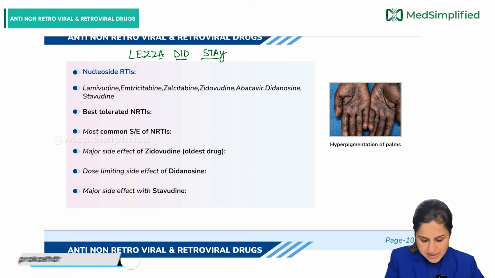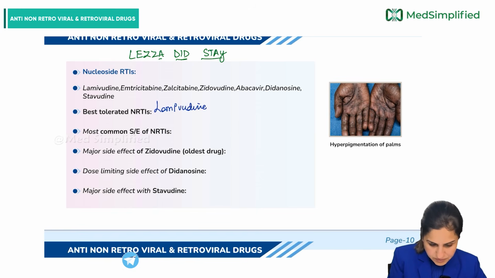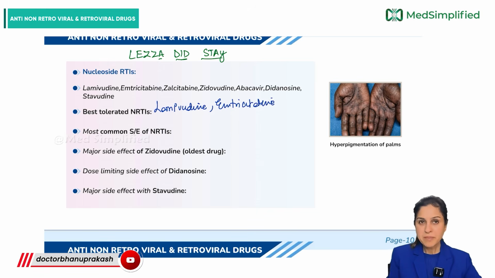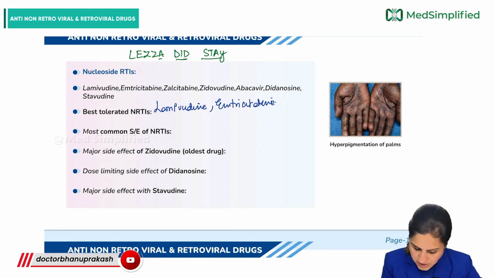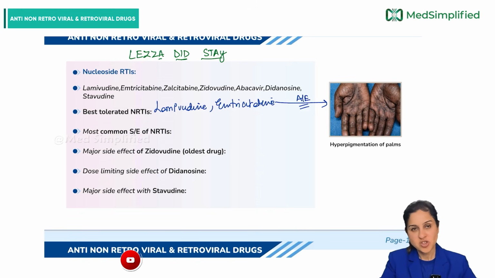So which of them is the best or are the best tolerated NRTIs? Here we have drugs like lamivudine and emtricitabine. Remember, emtricitabine has one adverse effect of causing hyperpigmentation of the palm.